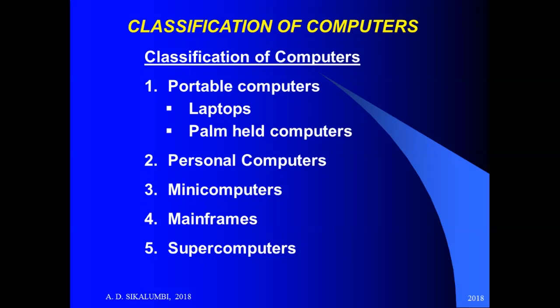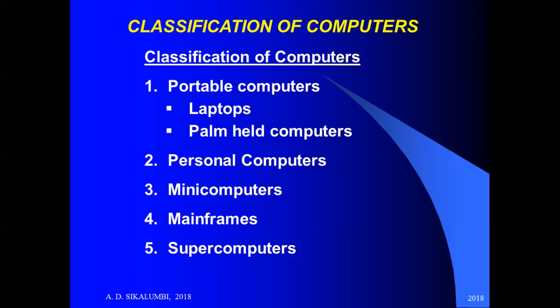We've got portable computers. These are computers that we can take from one point to another, meaning they are of reasonable size. They're easy to carry, not heavy, and easy to use as well, user-friendly computers. Something portable is something that can be carried from one point to another.